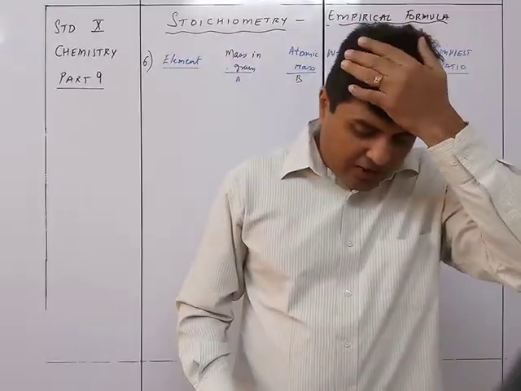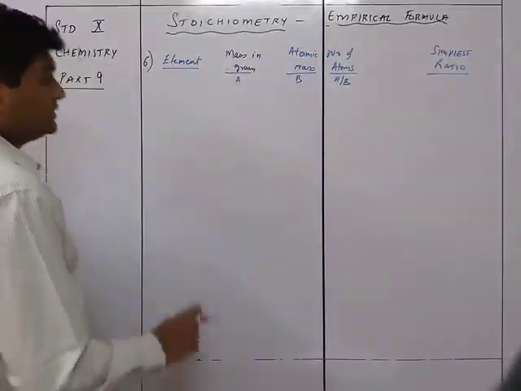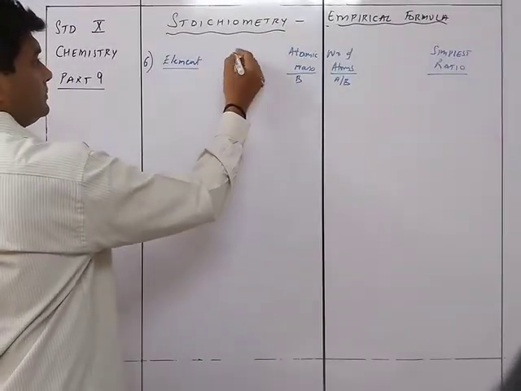A compound has the following percentage composition: Zn. So that's the percentage composition over here.